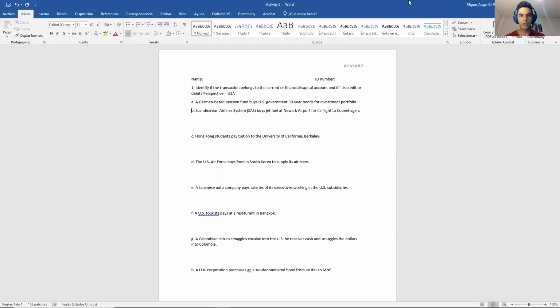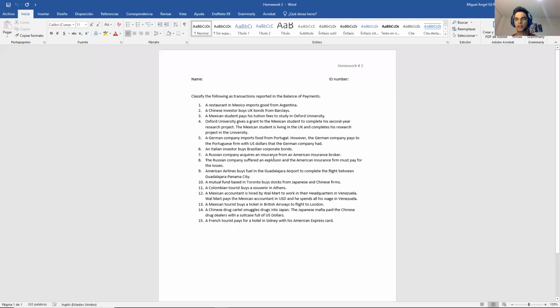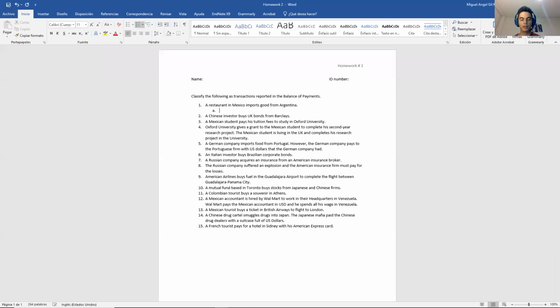But let me also show you really quick the homework, because the homework is the same thing, but a little bit harder. First thing, here I don't give you a perspective. So for every single exercise, every sentence one, sentence two, you need to select your perspective. So for example, in the first one, I will choose the perspective of Mexico.